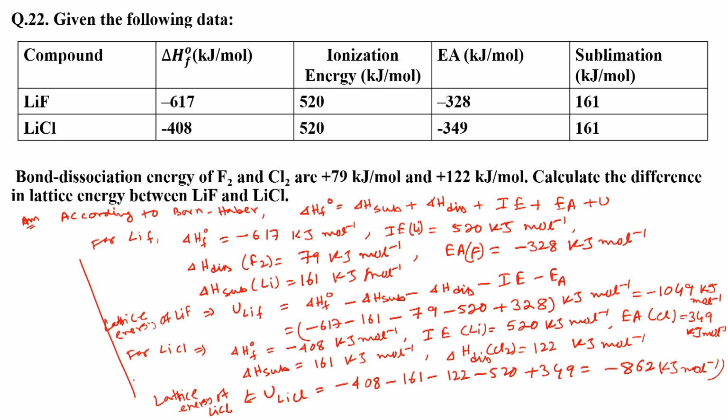So, the difference in lattice energy between LiF and LiCl is U of LiF minus U of LiCl will be minus 1049 minus minus 862.